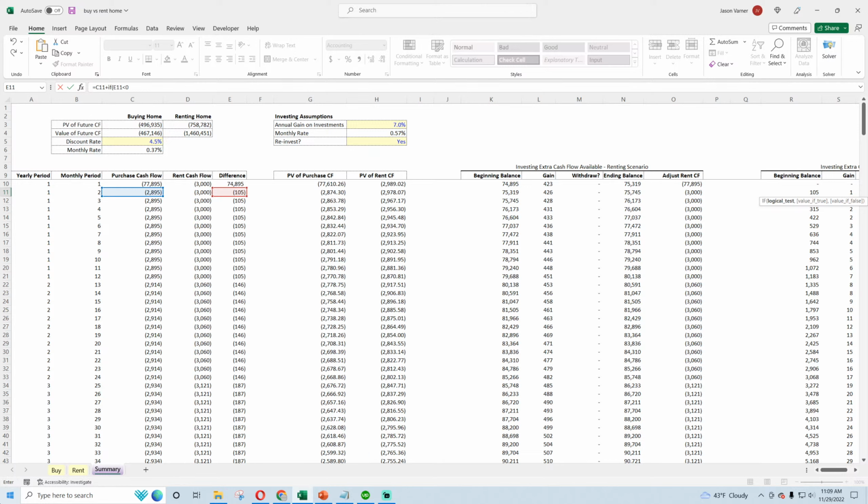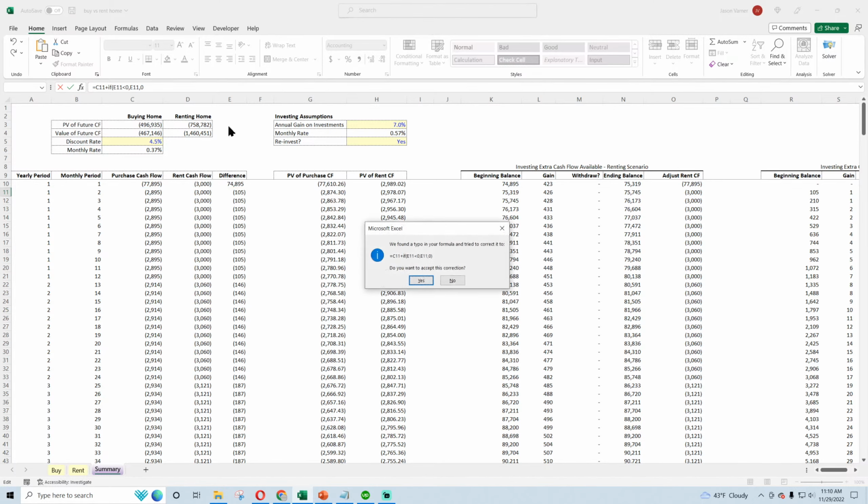So I'm going to invest that. Add it. Otherwise 0. Let's see if that makes sense.